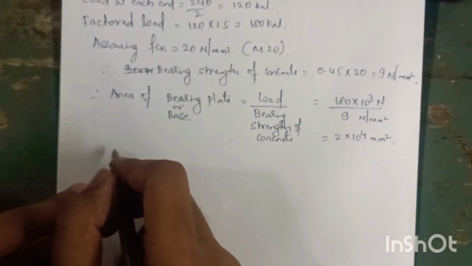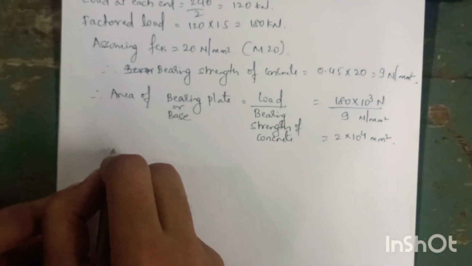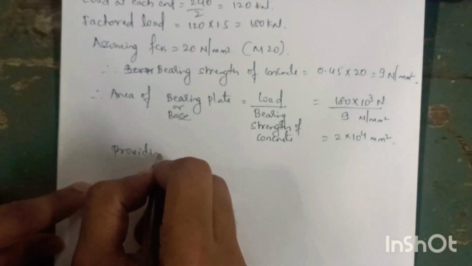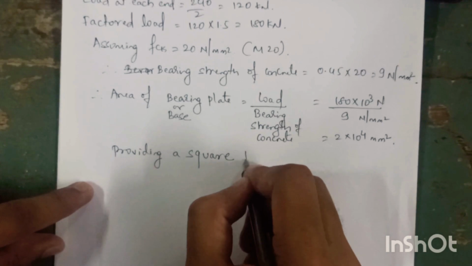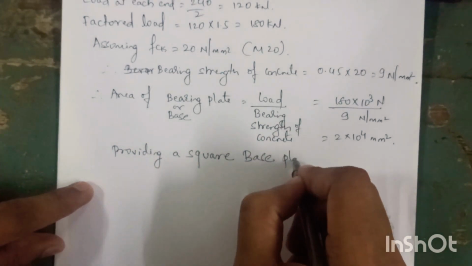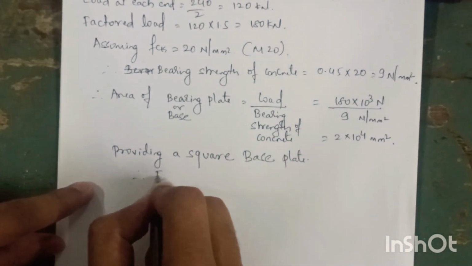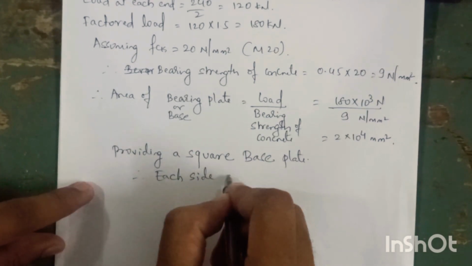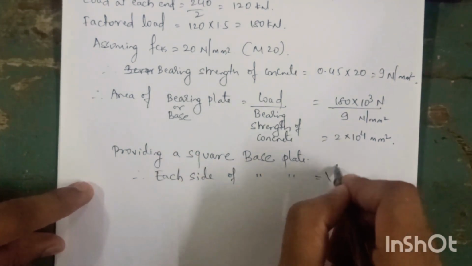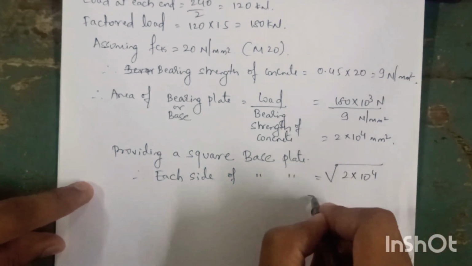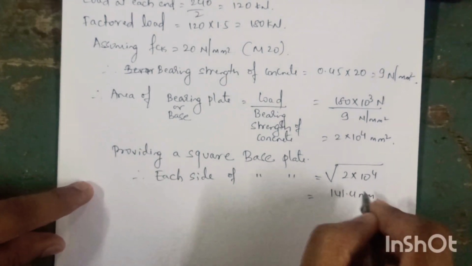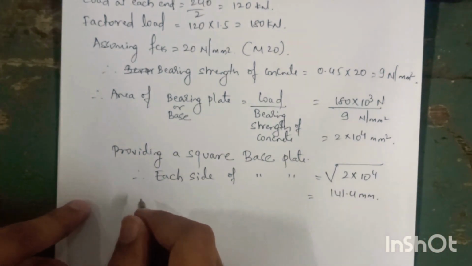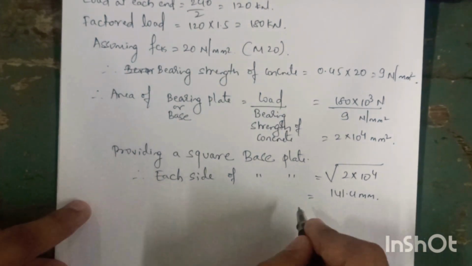Now say we are planning to provide a square base plate. Therefore each side of the base plate is equal to root of 2 into 10 to the power 4, which will be say 141.4 mm.